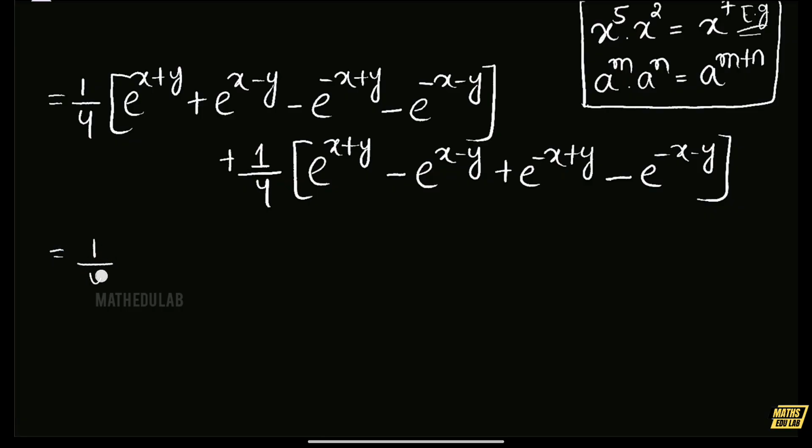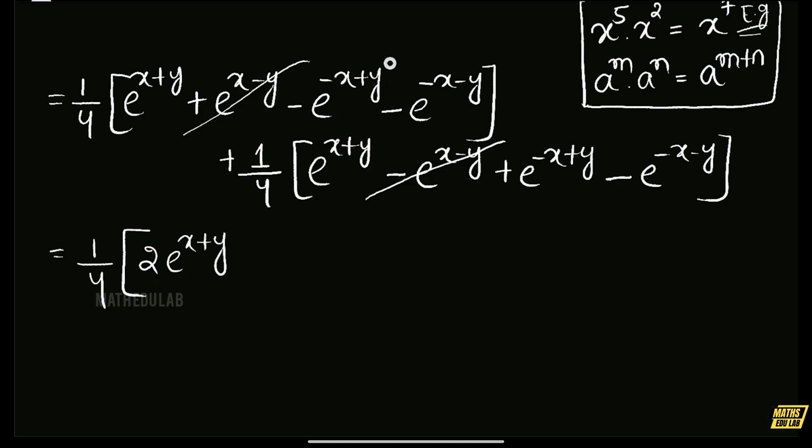So 1 by 4, and see here e to the power of x plus y, the positive term and negative term get cancelled out. So here we have only the e to the power of x plus y and the positive term of e to the power x plus y. So we have 2 e to the power x plus y. And the next one, the positive term of e to the power x minus y and the negative term of e to the power x minus y get cancelled out here.